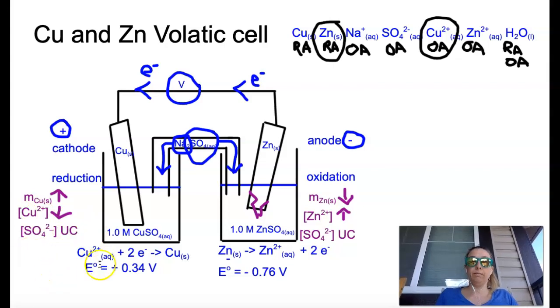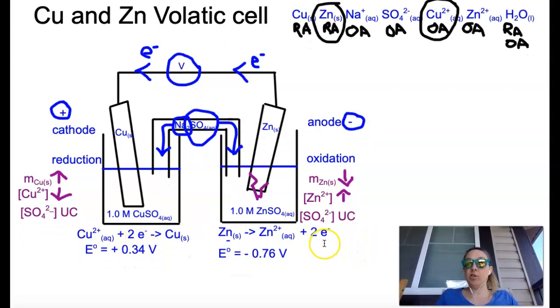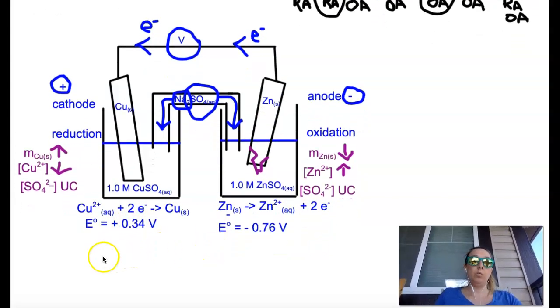So next thing we need to do is to actually generate a complete equation for this cell and determine what the theoretical voltage of this cell is going to be. So to generate the overall equation, we're going to take our two half reactions and we're going to combine them together to get that total. Just like in the last part of the unit, we have to make sure that our electrons are the same so that we can do this. We have 2 electrons and 2 electrons, so we don't need to multiply by any coefficients.